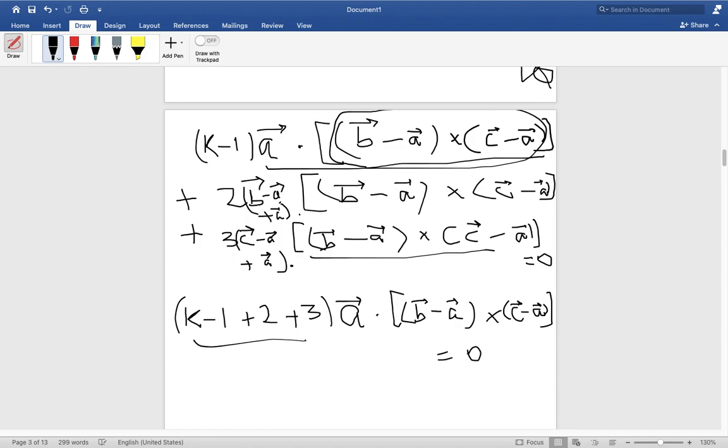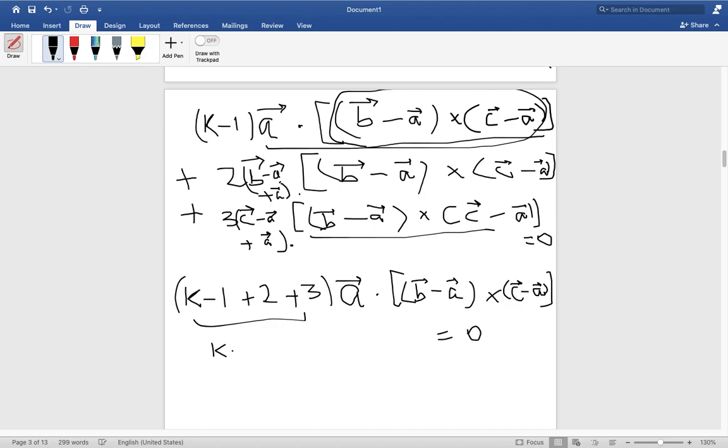So this is k plus 4, a dot b minus a cross c minus a is equal to 0.